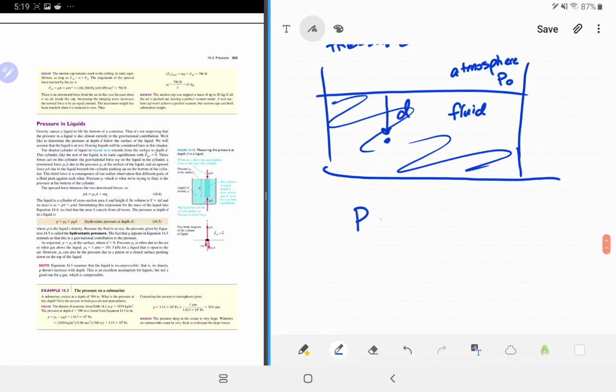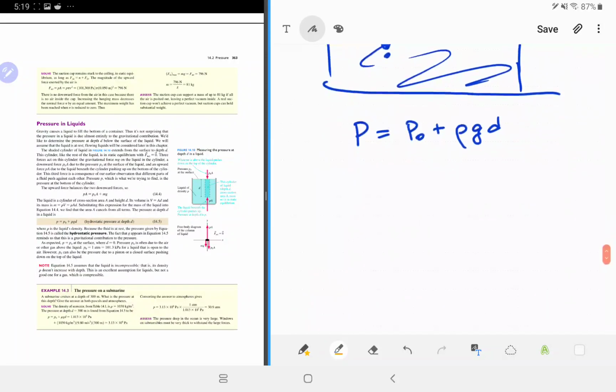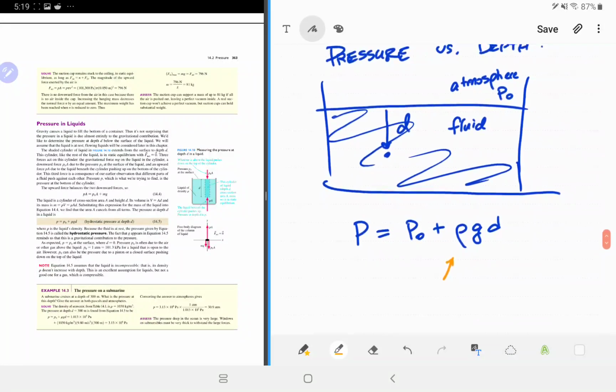Then the pressure is equal to whatever the pressure is at the surface, and then the pressure increases linearly with the depth in the fluid, rho g d. So here, rho is the mass density of the fluid that we're going deeper in.